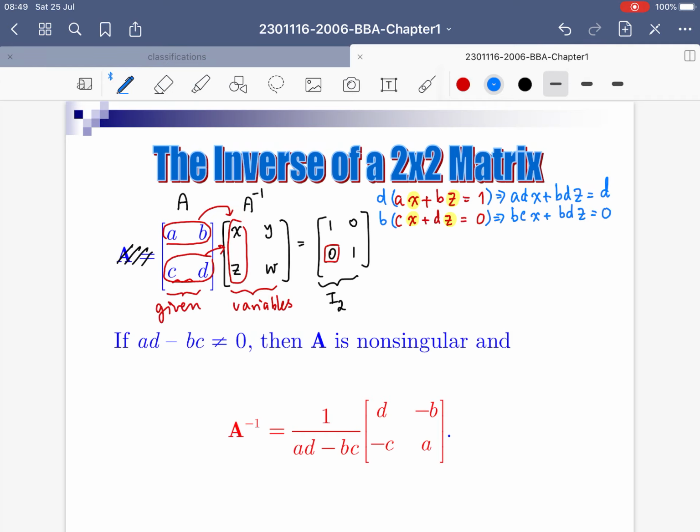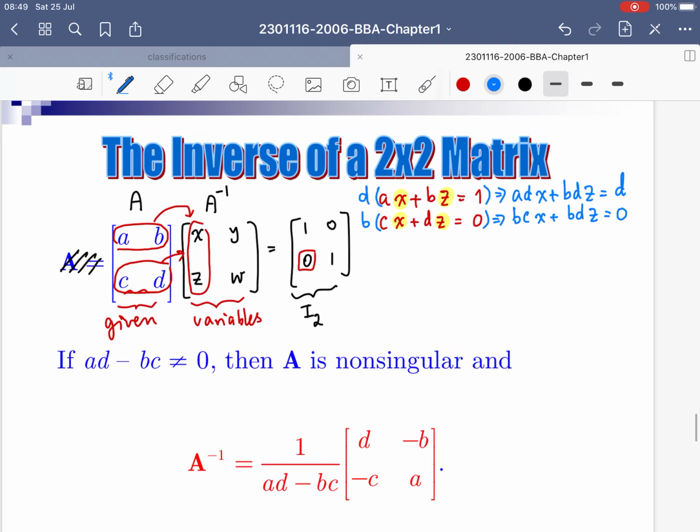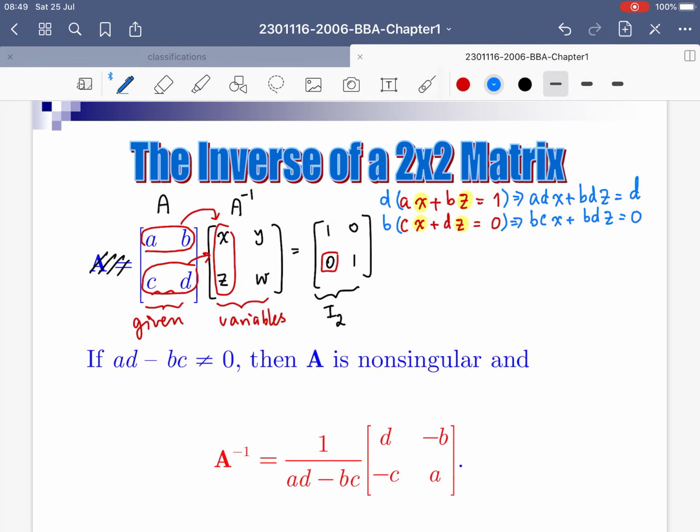As you have the same coefficient of your Z here, you can do a subtraction. So what you end up with is AD minus BC, which is all numbers, multiplied by X equals to D minus 0, so you have D. So your X can be simply written in terms of a fraction, D over AD minus BC.